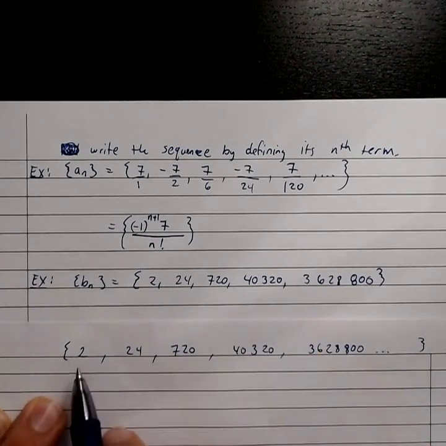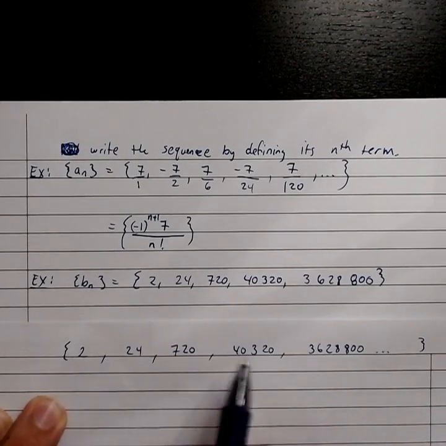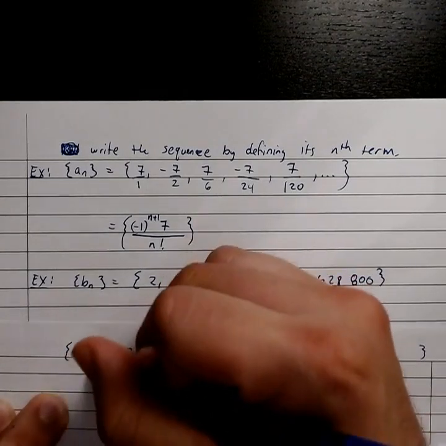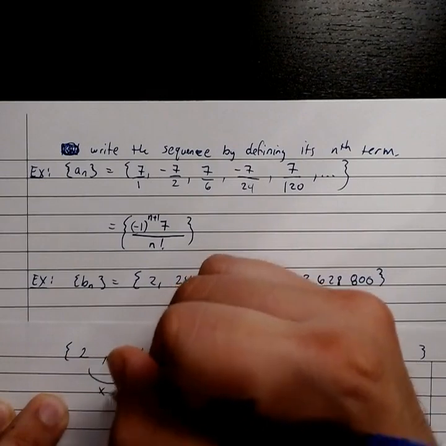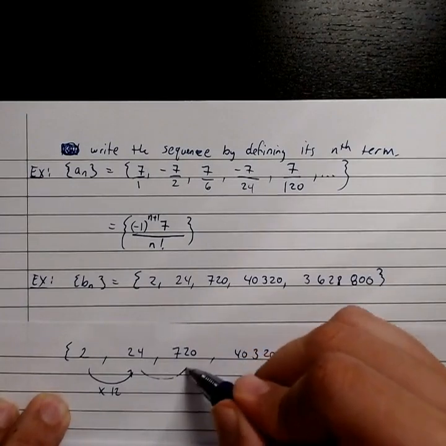My first thought was, okay, well, it looks like these numbers divide into each other. At least these. I couldn't do that in my head, but these look like they divide into each other. So if you divide 24 by 2, well, you end up with 12. Right? So here, this is 2 times 12. And then if you do that again, that's going to be 720 divided by 24.